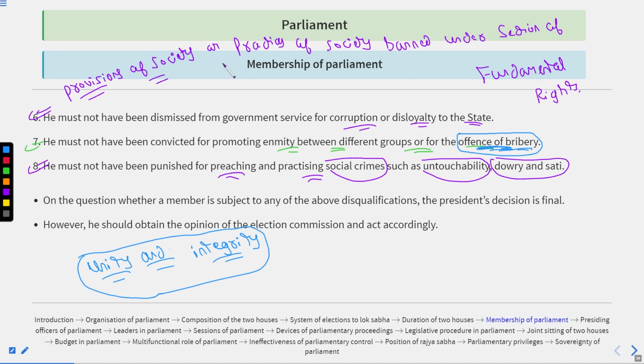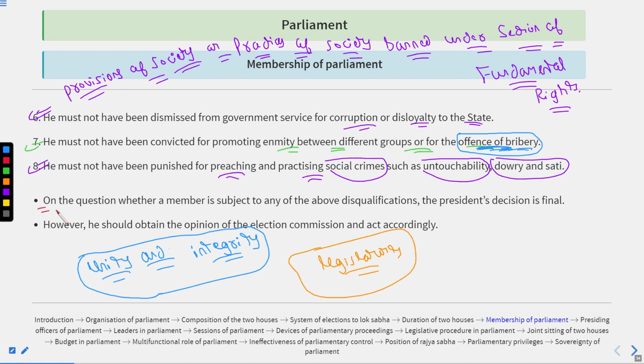And besides this, it is also important because if the person was doing such things, then after getting elected as a member of parliament, he might present bills or legislation destroying the peace and harmony in society.